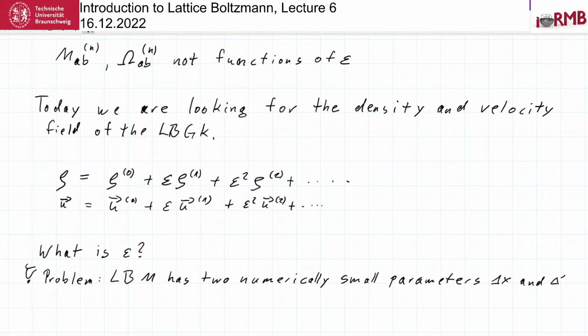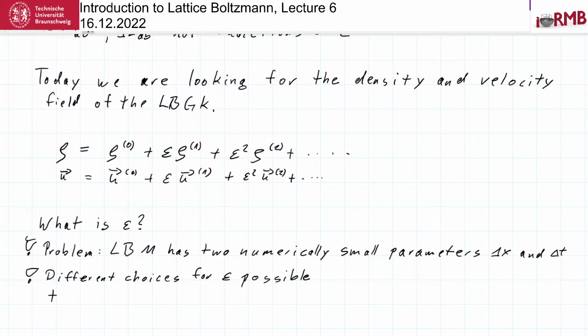I will present you with just two choices, but the number of choices that we have in reality is infinite. There are different choices for epsilon possible, but there are two which appear to be obvious in a sense.